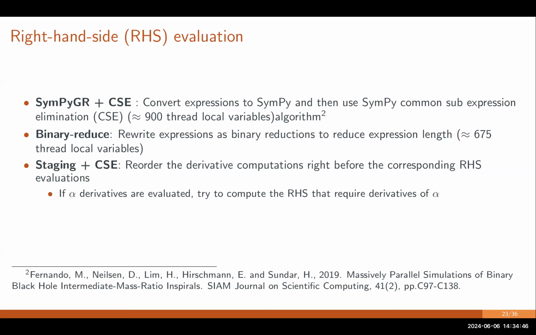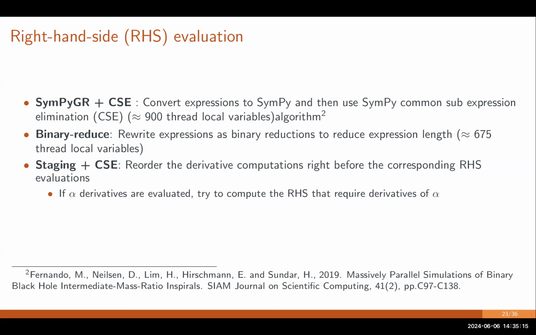Then we looked at the equations. This is manual staging, where we try to reorder the equations in a way that will reduce the live range of these temporary variables. Once a temporary variable becomes dead, the compiler can reuse it for another computation.